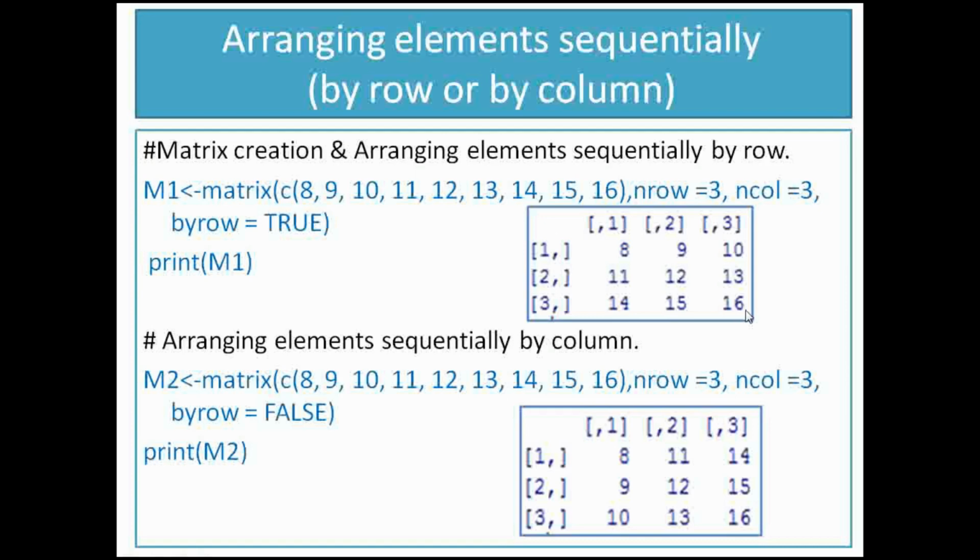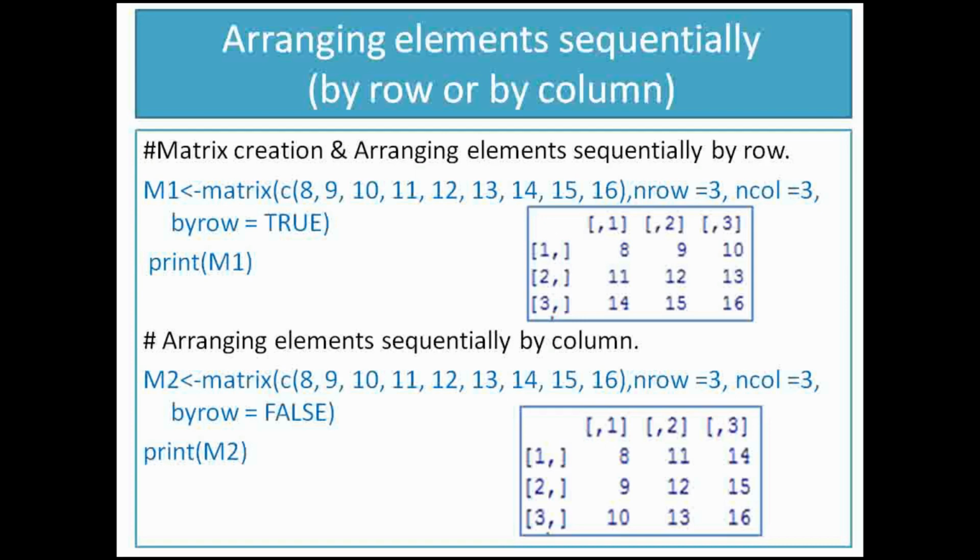Now by default the byrow value is false. If you don't mention it, the byrow value is false. Now if we specifically mention byrow equals false, then also it will take the elements sequentially by column. That means if we take the same vector input, then in this case we will get the matrix like this.